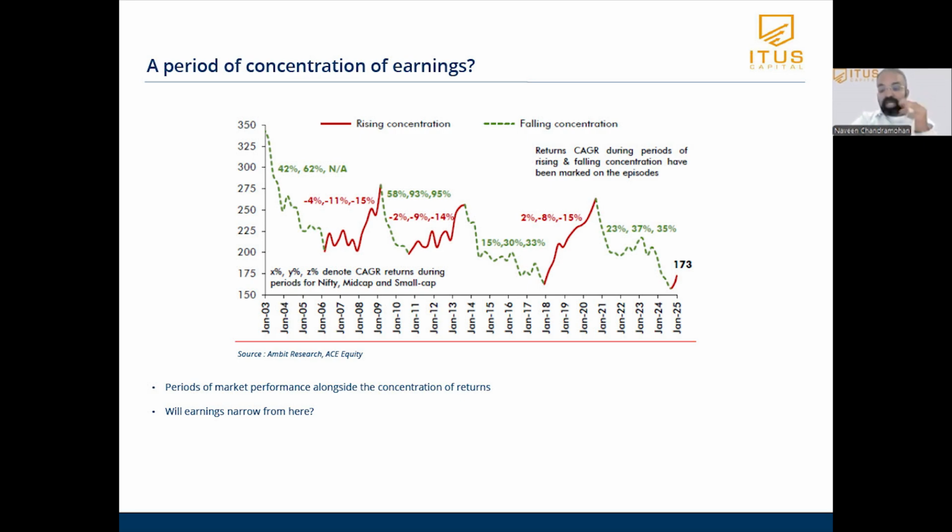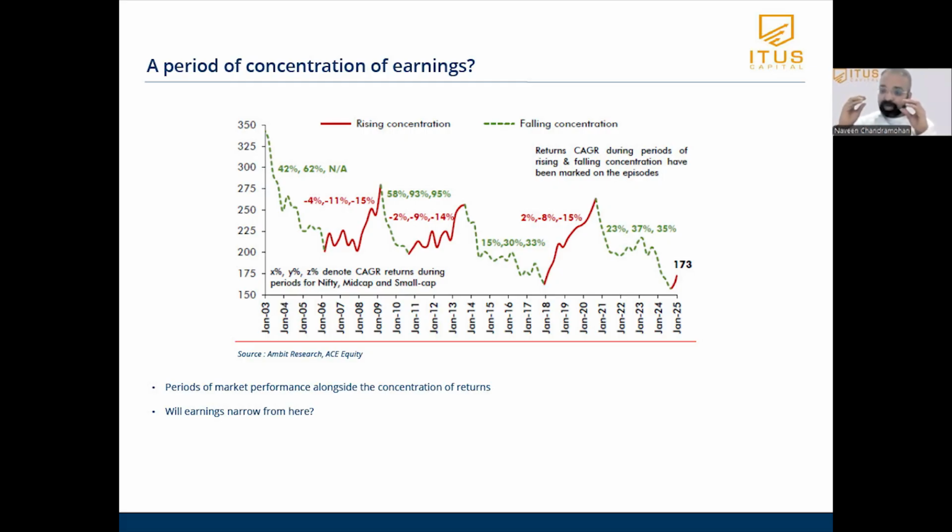So I am not saying no mid and small caps will do well, but I am saying a blanket mid and small cap will not do well, because at least from a probability perspective, it doesn't make sense as far as we are concerned. And it goes in line with what we have been seeing in the last 2 quarters, where earnings have been narrowing. And I expect that to continue.